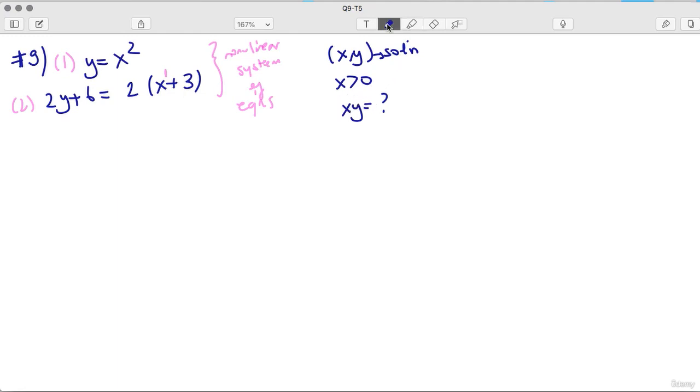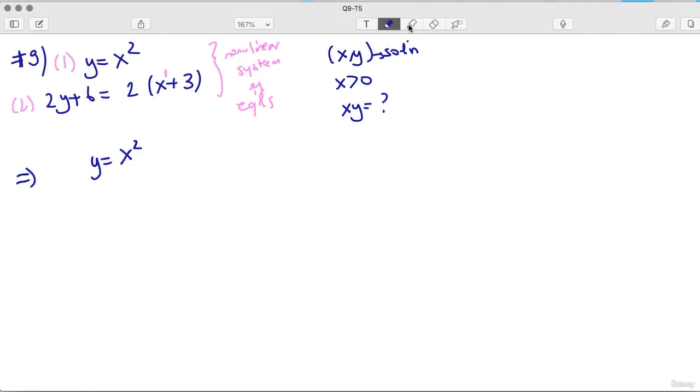Okay, let's go on with it. So our first equation is y equals x squared. The second equation is this, which is messy. I want to simplify this, so I'll do it on this side and we'll put the simplified form here.